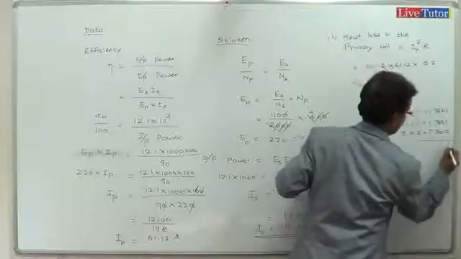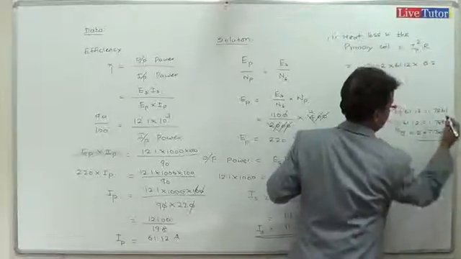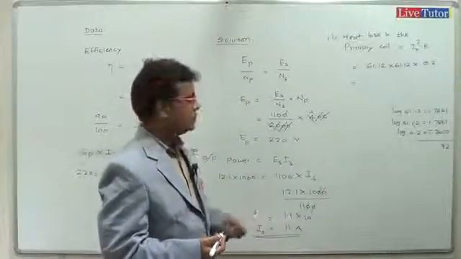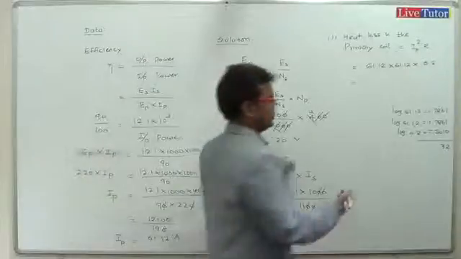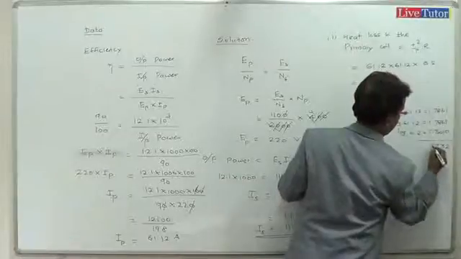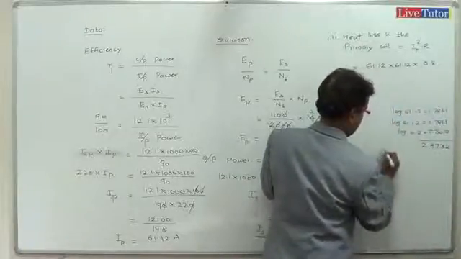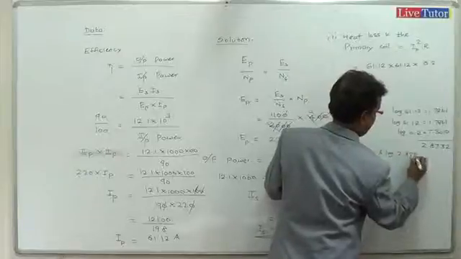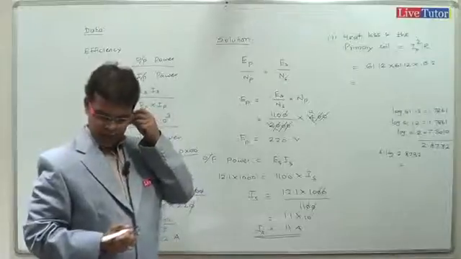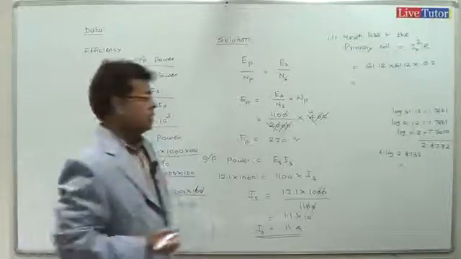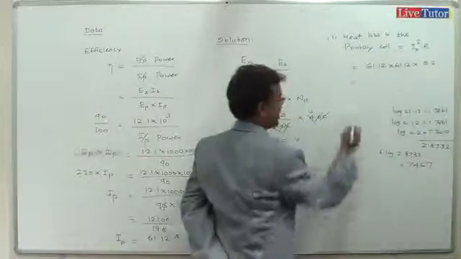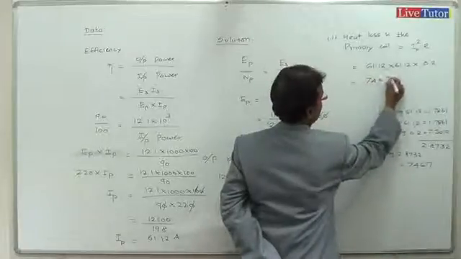Now you have to add this. It is 2.8732. I have to take the anti-log of 2.8732. It is 7467. Since it is 2 point, I have to write it as 746.7.